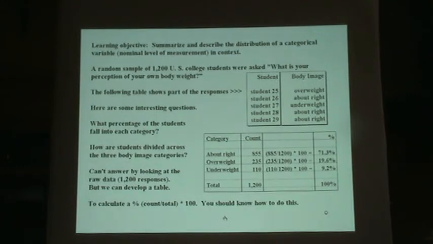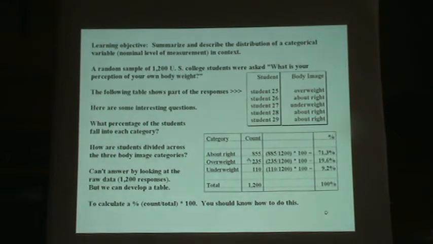So the best way to work with a categorical variable, like the perception of their body, is to set up a table. And so here we have the variable, and we have 3 attributes in the variable. About right, those students that see themselves about right, those students that see themselves overweight, those students that see themselves underweight, and then the total.